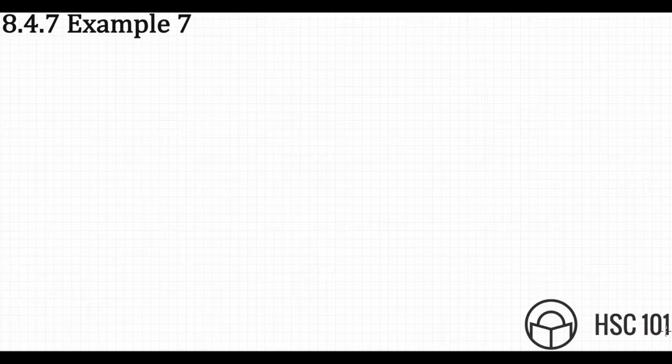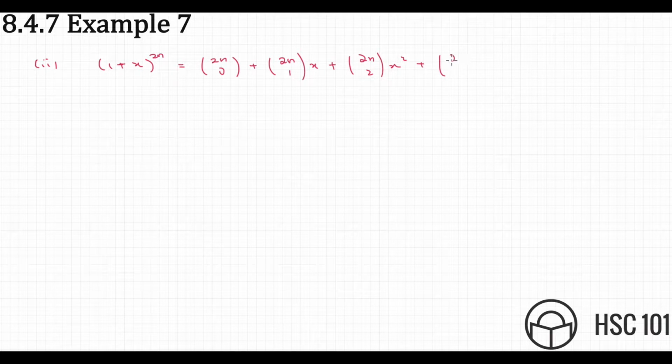Because if I take a look at part 2, at 1 plus x raised to the power of 2n, and if I expand this, what we're looking at is, of course, 2nC0 plus 2nC1 times x plus 2nC2 times x squared plus 2nC3 times x cubed, and you know how the pattern goes.